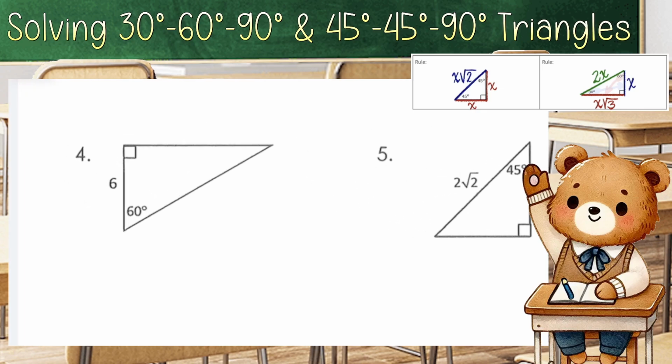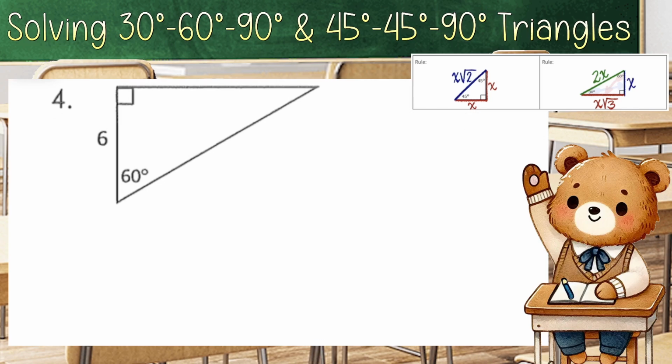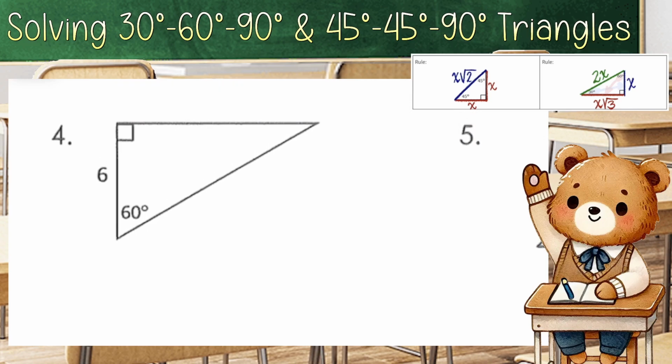So first one we're going to look at is example number 4. In example 4, I have one of the sides of a 30-60-90 triangle given to me.